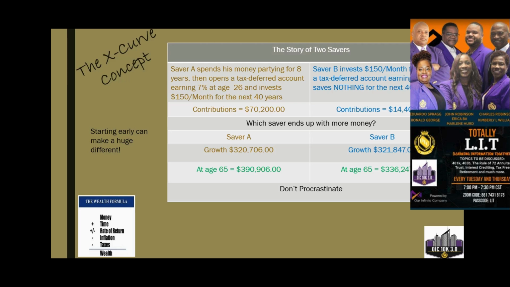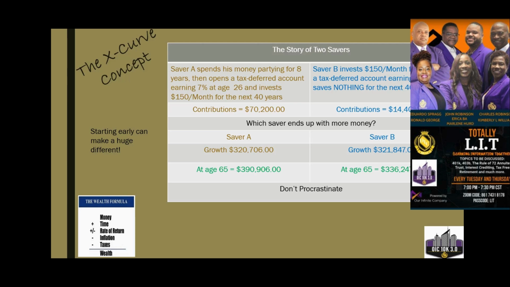And then he finally, a light switch turns on because he was invited to one of the meetings, the community forums that you're a part of right now. And he's like, oh, I better start saving. So he decides to choose a program that's a tax deferred account, and it's going to earn 7%.